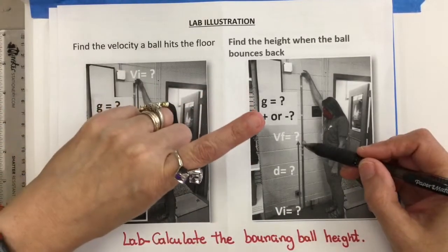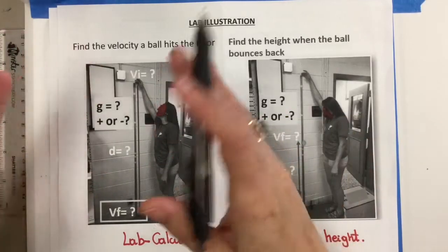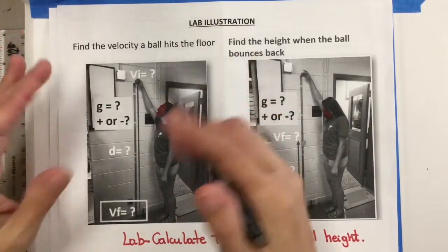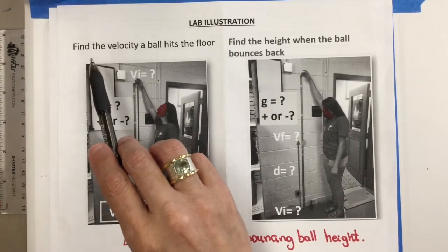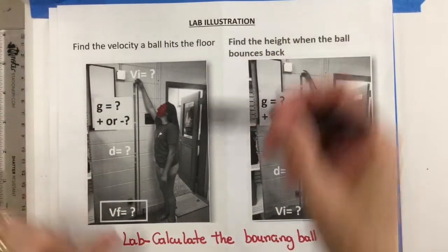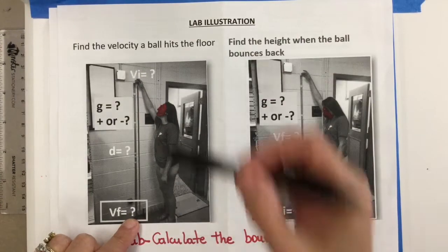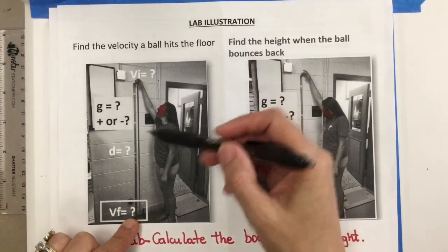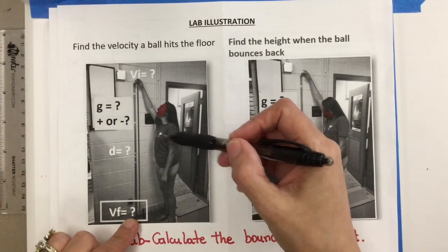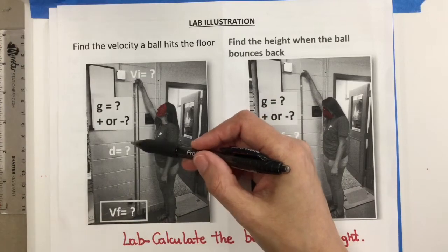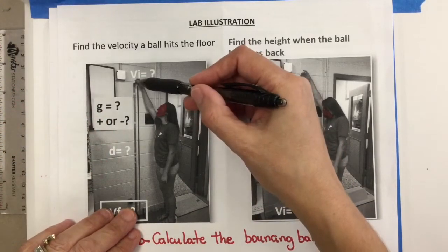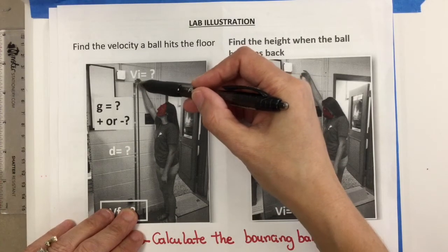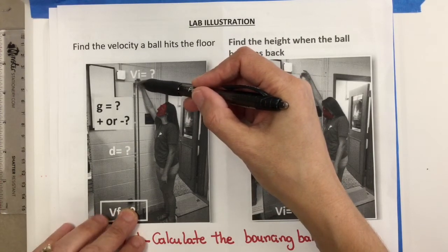Okay, so in this illustration, the first thing we are going to do is find the velocity the ball hits the floor. So we are going to drop this ball. This student taped 2 meter sticks back to back on the wall and dropped the ball from this height, 2 meters.